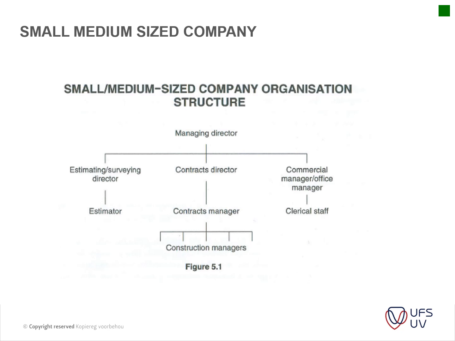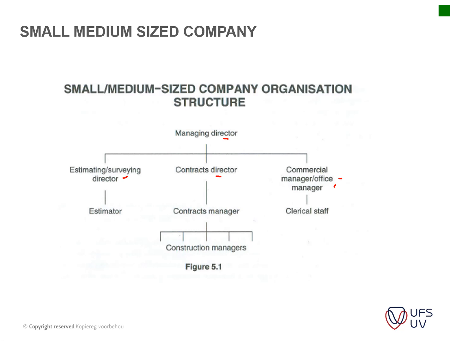Then just how the tender process usually works within a small, medium-sized company. You've got your managing director, and you have your estimators on the one side, your contract directors on the one side, and your commercial manager on the other side. Your commercial managers are usually the implementation side of the company, where you have your clerical staff and so on, looking at your office admin, if you want to call it that.